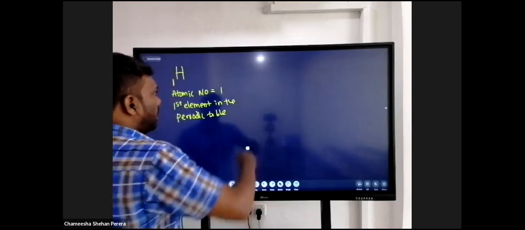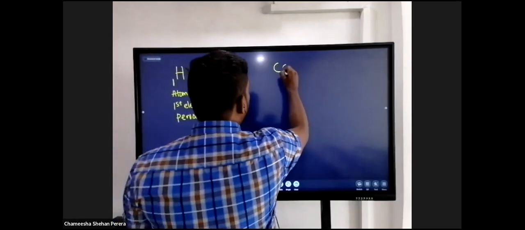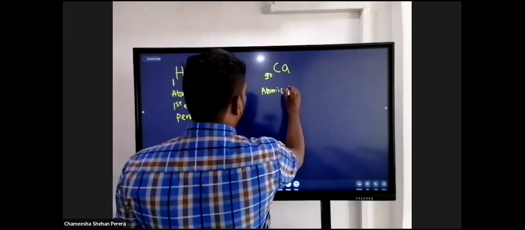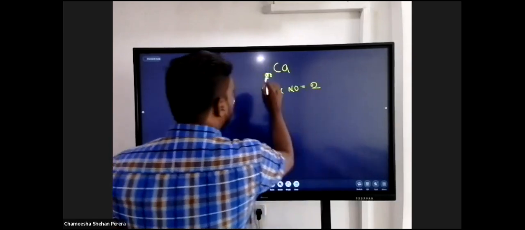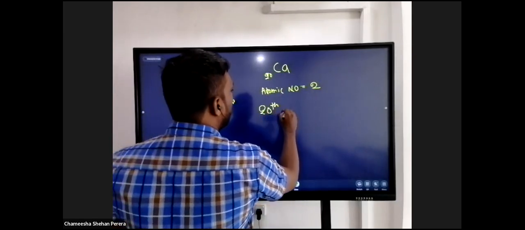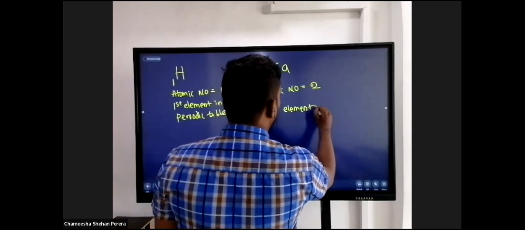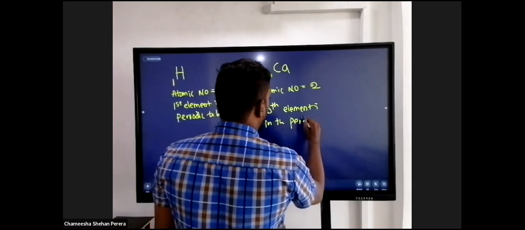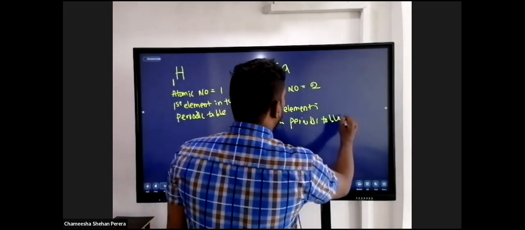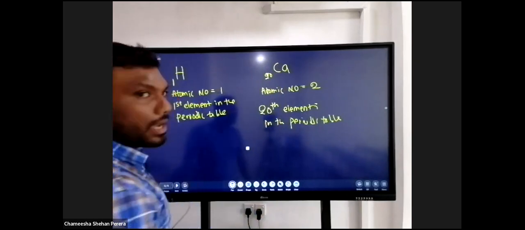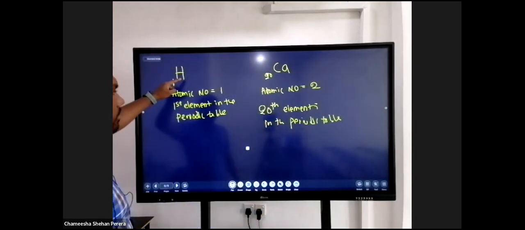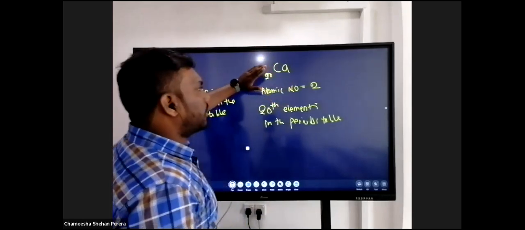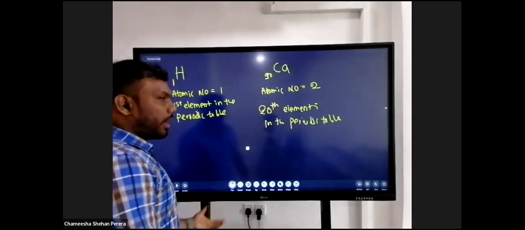Next, let's talk about calcium, which has the atomic number 20. That means this one is the 20th element in the periodic table, right? You don't write the whole sentence, but if the atomic number is 1, it is the first element in the periodic table. If the atomic number is 20, it is the 20th element in the periodic table. Quickly go for this.